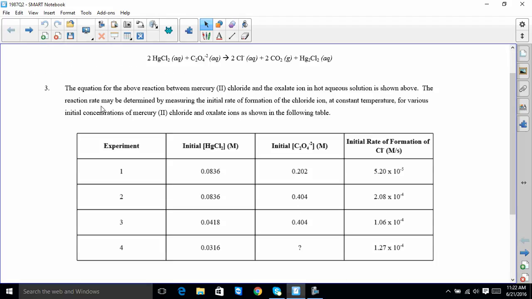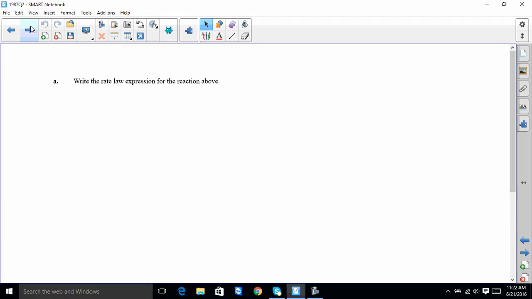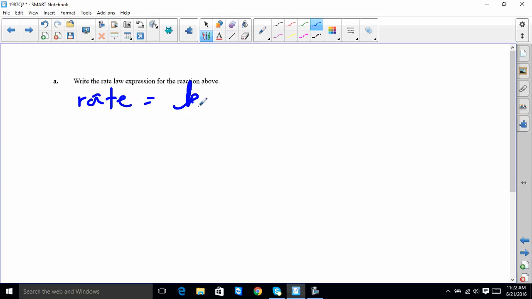So just to do a little bit of review, I'm going to flip back and forth. Remember now, the rate of a chemical reaction is some constant, called the rate law constant, K, and it changes with temperature.